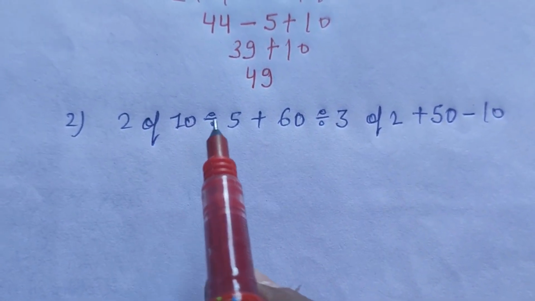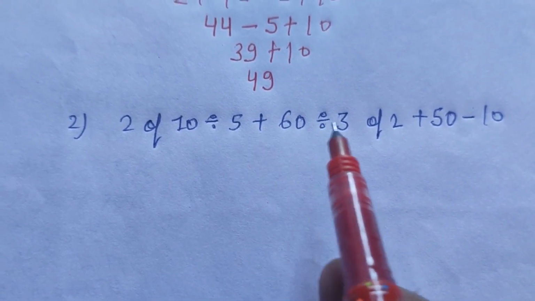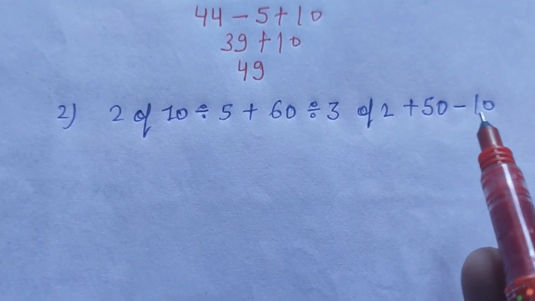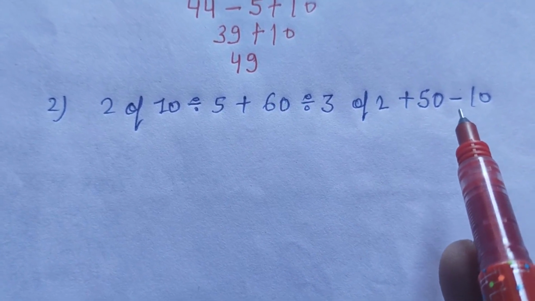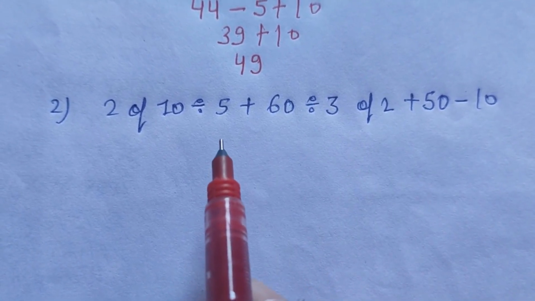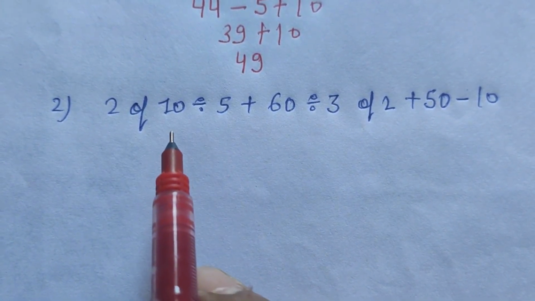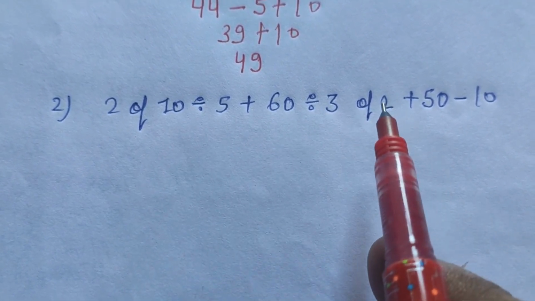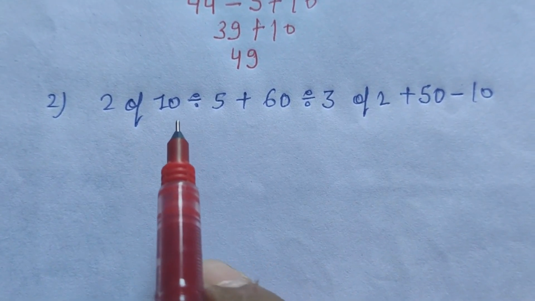2 of 10 divided by 5 plus 60 divided by 3 of 2 plus 50 minus 10. Now we know according to BODMAS, first of all we have to solve brackets, then off, then divide, then multiply, then add, and then subtract.